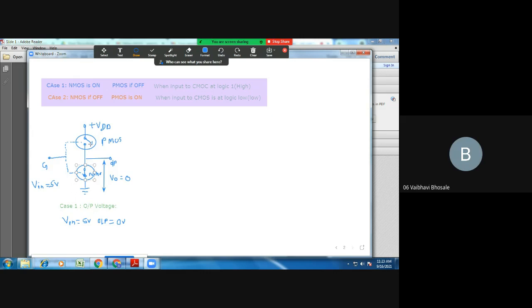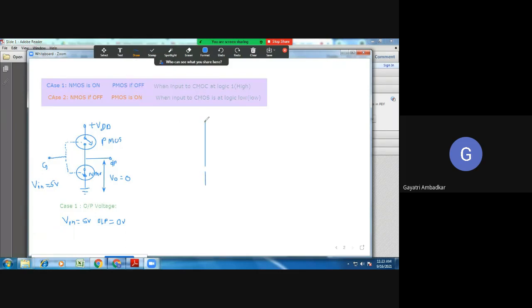Closed switch. Correct. So in second case, PMOS will be represented by a closed switch and NMOS will be represented by an open switch, right?